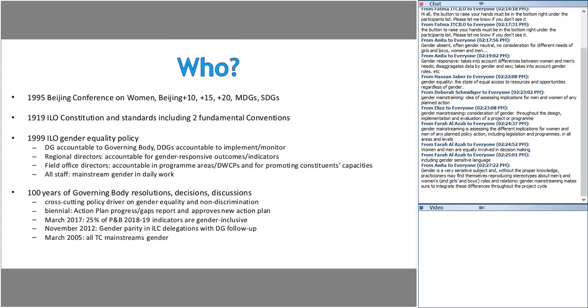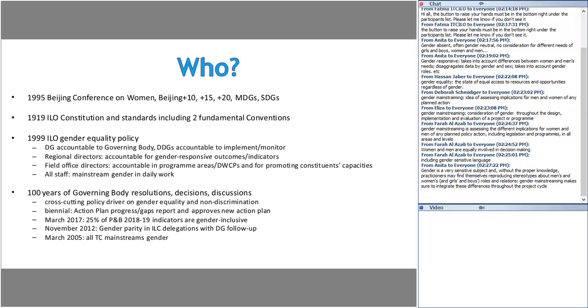Now, who are we talking about? Why are we so concerned with a gender-responsive ILO in the world of work? Well, I'm only going to go back to 1995 when the Beijing Conference on Women was held, and since then the world has had these reviews of the status of women every 10 years, every 15 years after the conference: Beijing plus 10, Beijing plus 15, Beijing plus 20, the MDGs, the now Sustainable Development Goals, all contain a critical element for gender equality and women's empowerment, and we've had a paradigm shift.